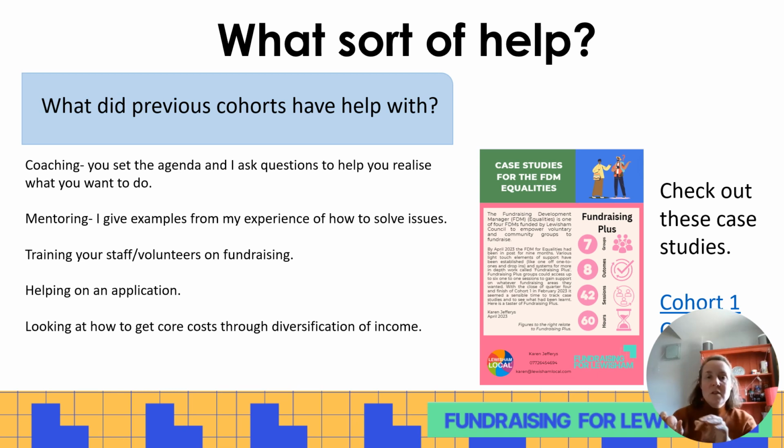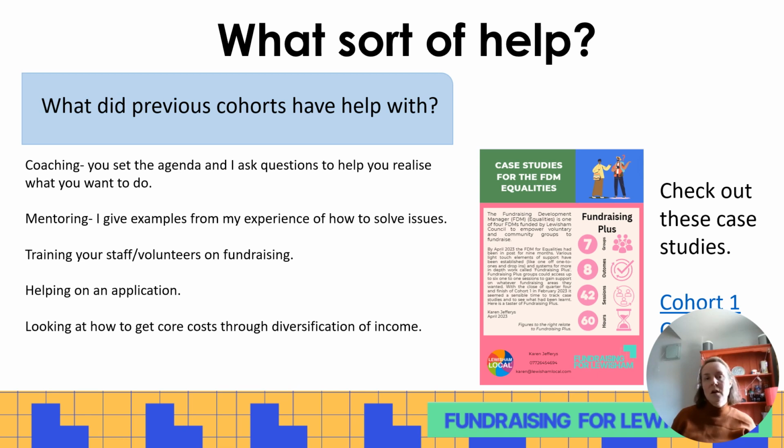So there are some different ways that groups have used this, and the video is in the way, but in the slides you can just about see above the circle that it says cohort 1 and cohort 2. It says behind the circle, and I've got the front page here of one of the learning brochures where I go through how the different cohorts used Fundraising Plus and what they did out of it.